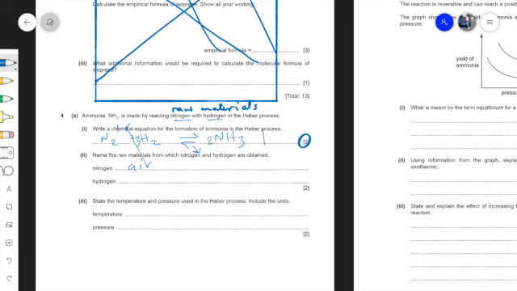After air has been liquefied, we separate the nitrogen from the liquefied air by fractional distillation. And hydrogen is obtained by cracking of crude oil.